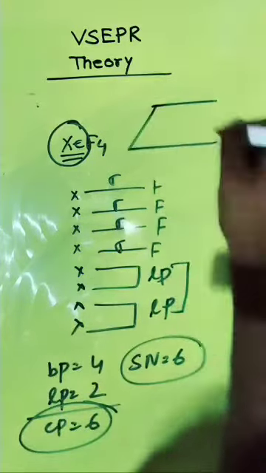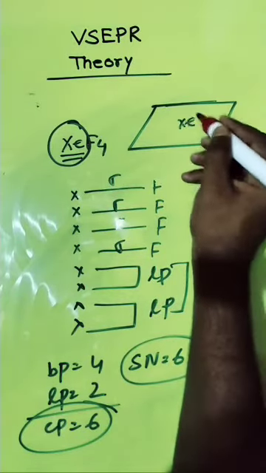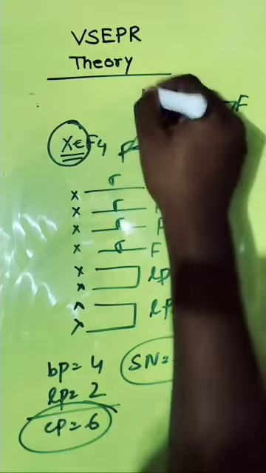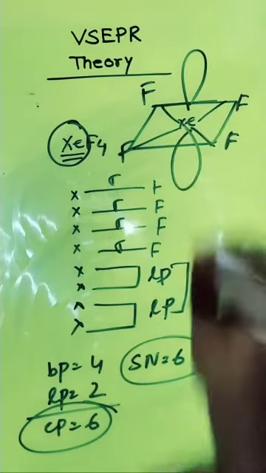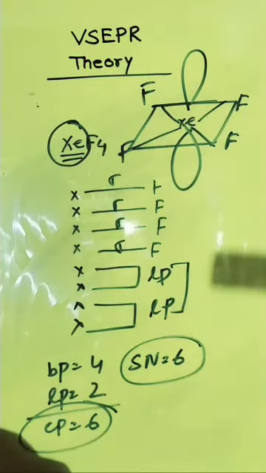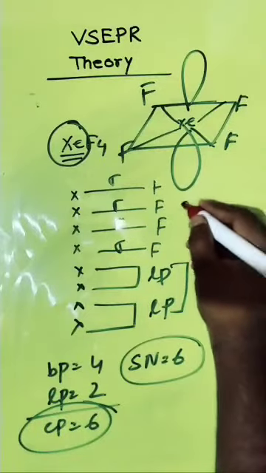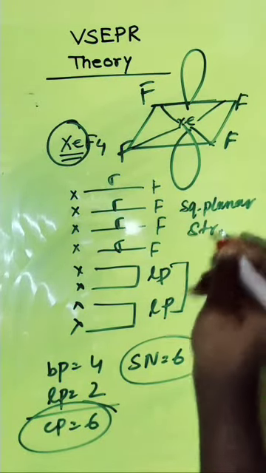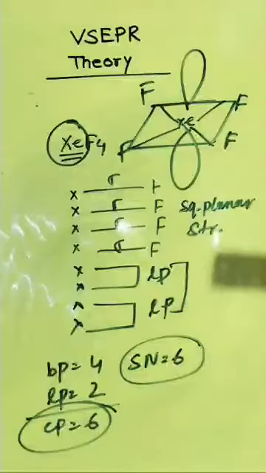And as there are 2 lone pairs, you may draw this structure in such a way, that is fluorine, fluorine, fluorine and fluorine, and 2 lone pairs present in the axial position, and that is the structure of XeF4. And this structure is known as square planar structure. So this is the structure of XeF4.